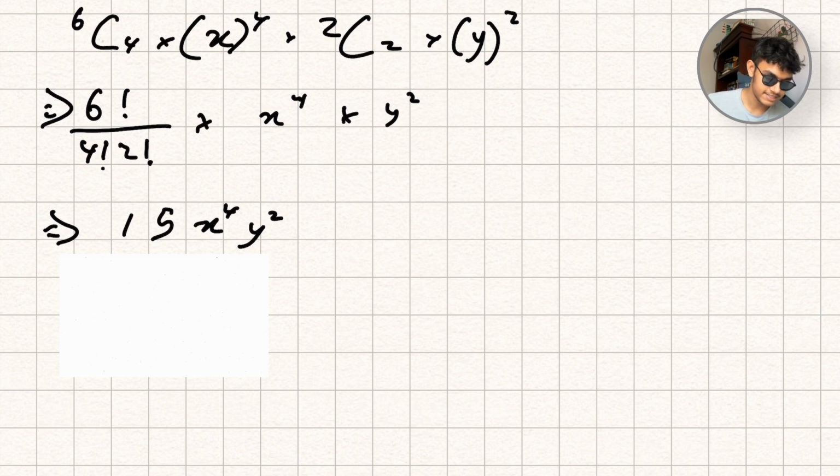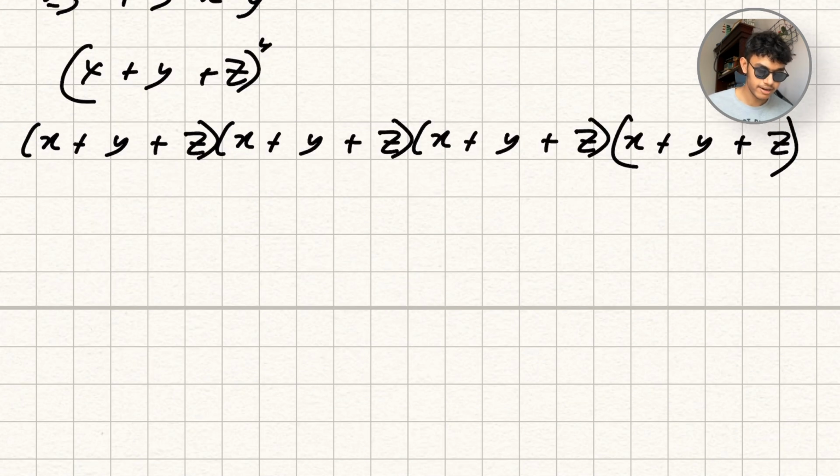So what we have left is 6 times 5 divided by 2 factorial, which is just 2. So this is just 6 times 5 over 2, which is 15. So this evaluates as 15 x to the 4 times y squared. So the coefficient of x to the 4 y squared is 15.